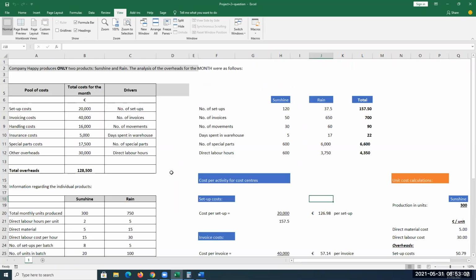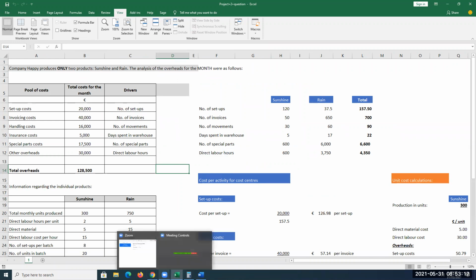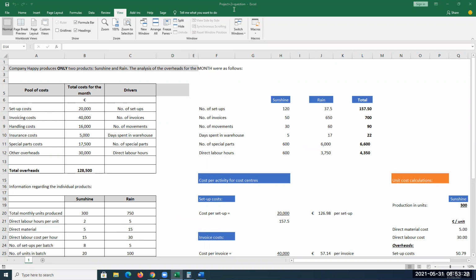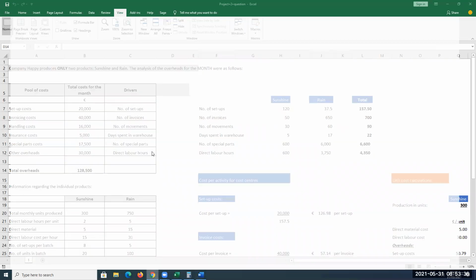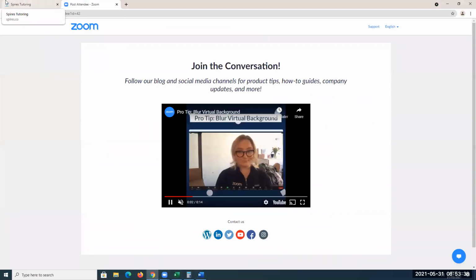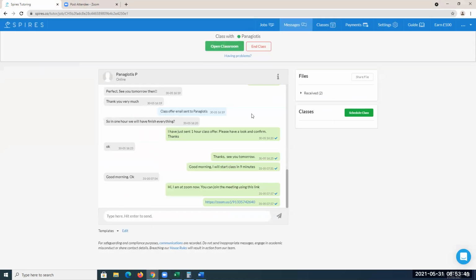So I am going to send you this file now. Okay, let me send it to you. I can send it through Spire.